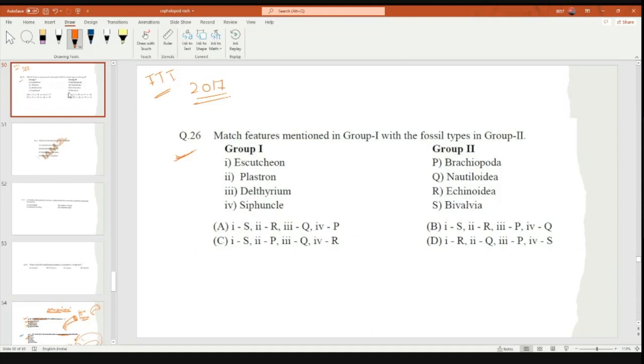B. Let's see: plastron is basically in the echinoids. And escutcheon, where was it, guys? It will be bivalve. And the deltidium we already saw, deltidium comes in brachiopods. And siphuncle is in the nautiloids. So it will be done.